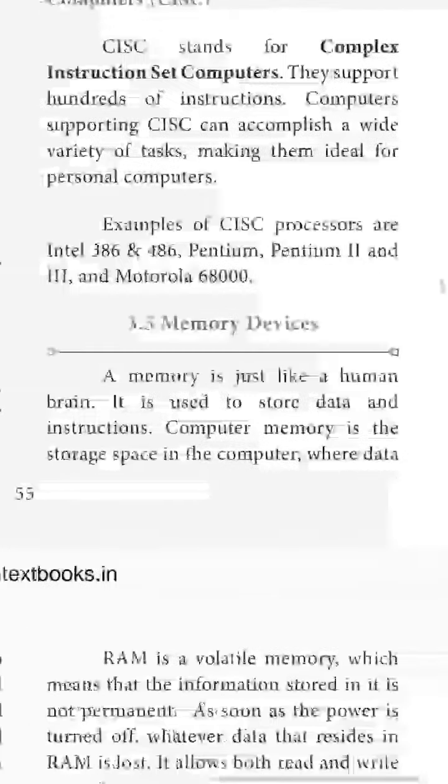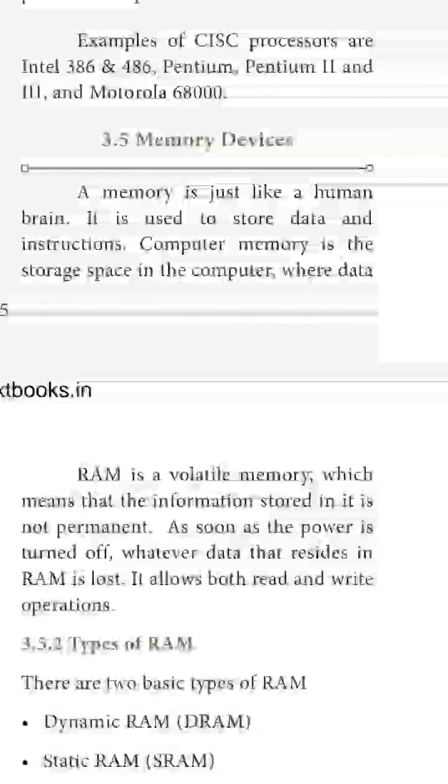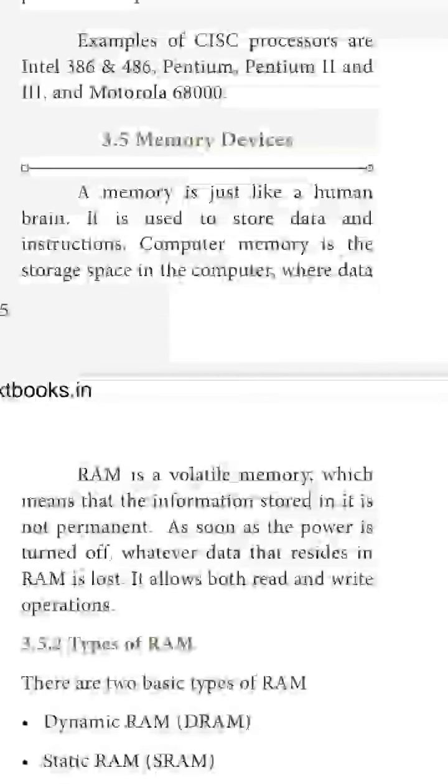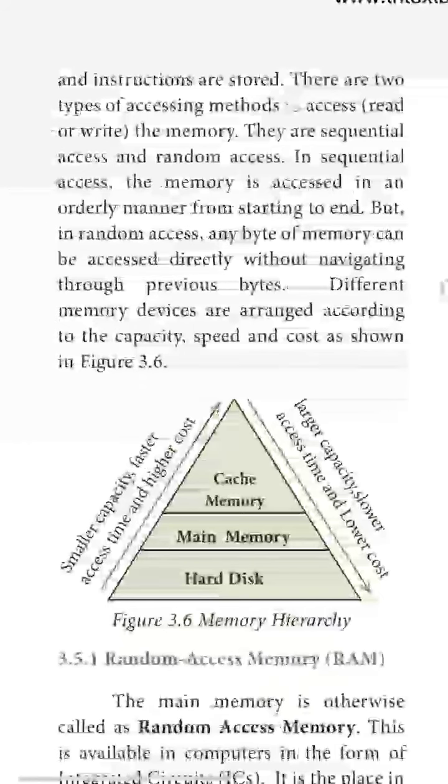So next topic is memory devices. A memory is just like a human brain. It is used to store data and instructions. Computer memory is a storage space in the computer where data and instructions are stored.